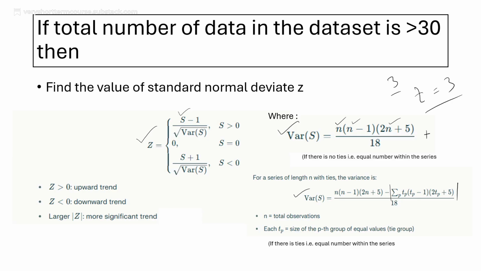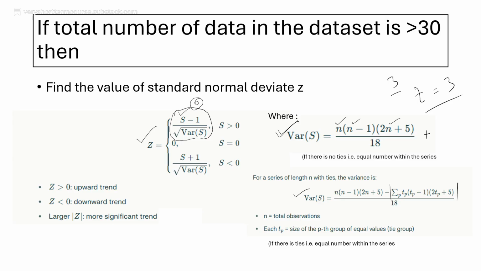So for example, if I ignore ties and assume there is no tie, then you will calculate the variance of S like this. Okay, now another point. If S is greater than 0, then you will apply this formula, S minus 1.